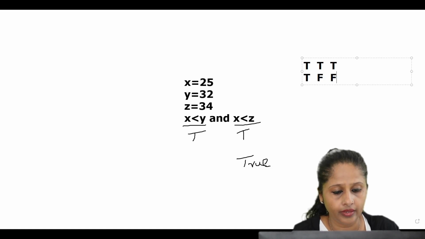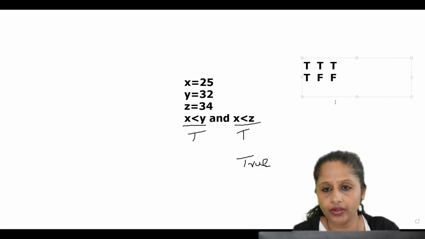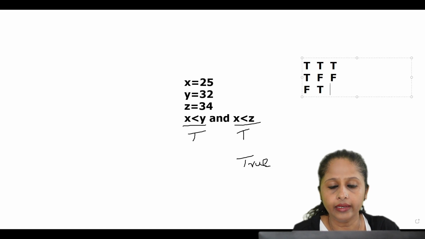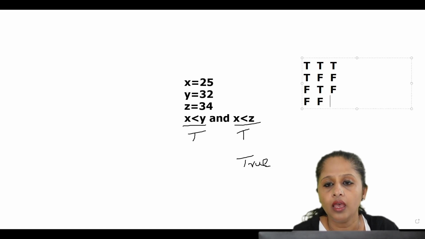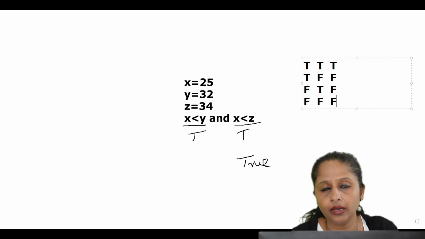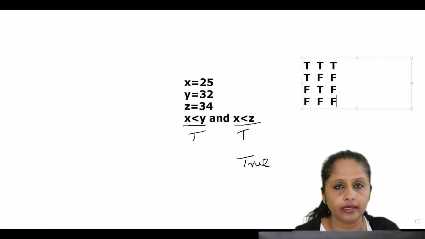And next we have, first is false and the second one is true, then also you will have the answer false. And if both the cases are false, then also the answer is false. So this is the truth table of logical AND.